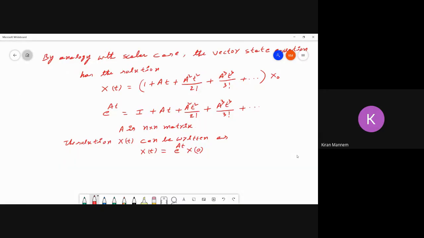So that's why we started with the solution of state equation. Transition is always carried out by this e power at, so that's why it is called state transition matrix.